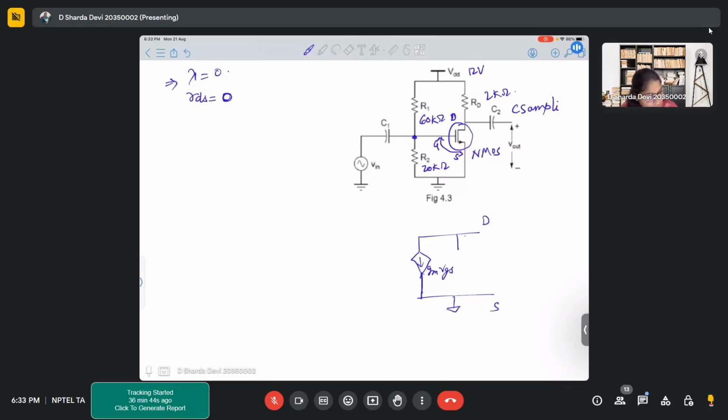We know that GDS is 0. The only resistance that we see here is R drain.